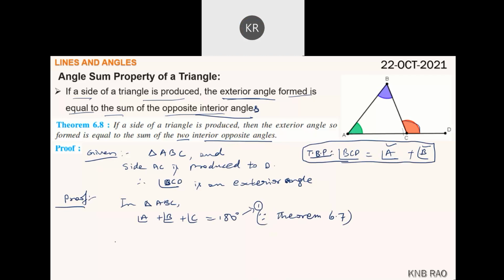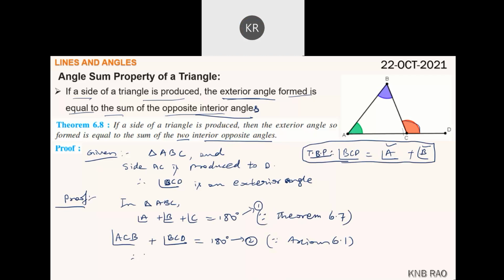Then angle ACB plus angle BCD is equal to 180 degrees. Reason: axiom 6.1, as ray CB stands on line AD.